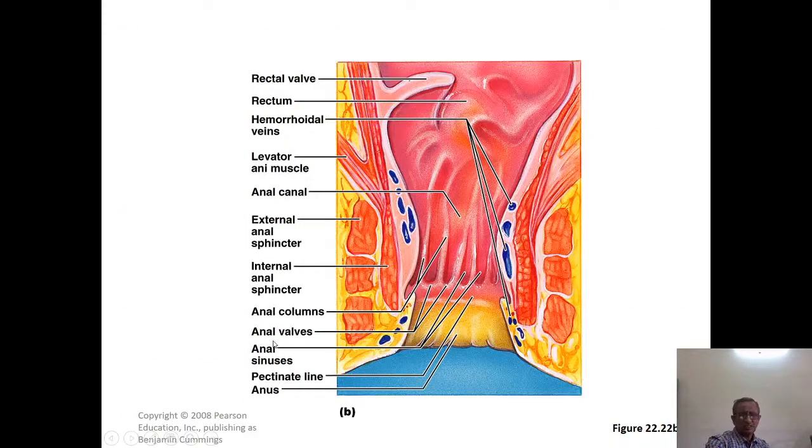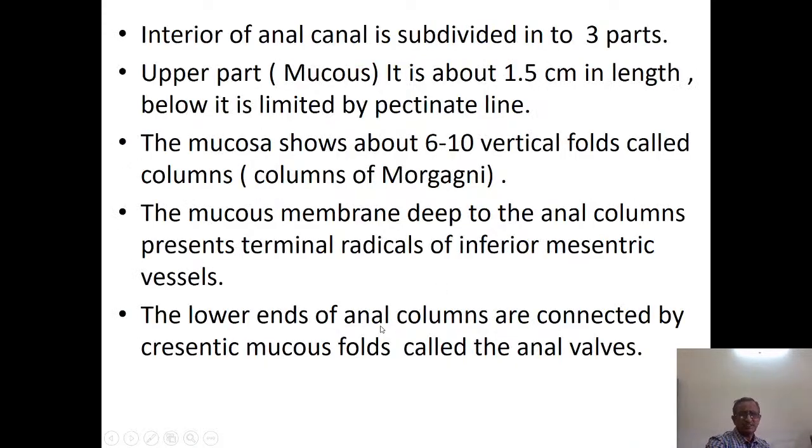So here, these are the anal columns of Morgagni, and the lower part is supported by anal valves. The vertical folds are called columns of Morgagni. Then we have the anal valves, crescentic folds.